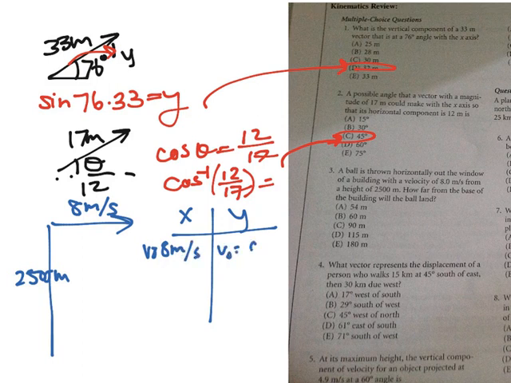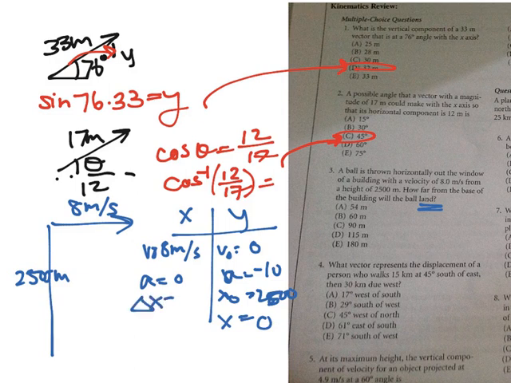Y, the initial velocity is 0. Here, acceleration is 0. Here, acceleration is -10. And you know that its initial position is 250, and its final is 0 because we care about when it lands. And we want to eventually find delta x.